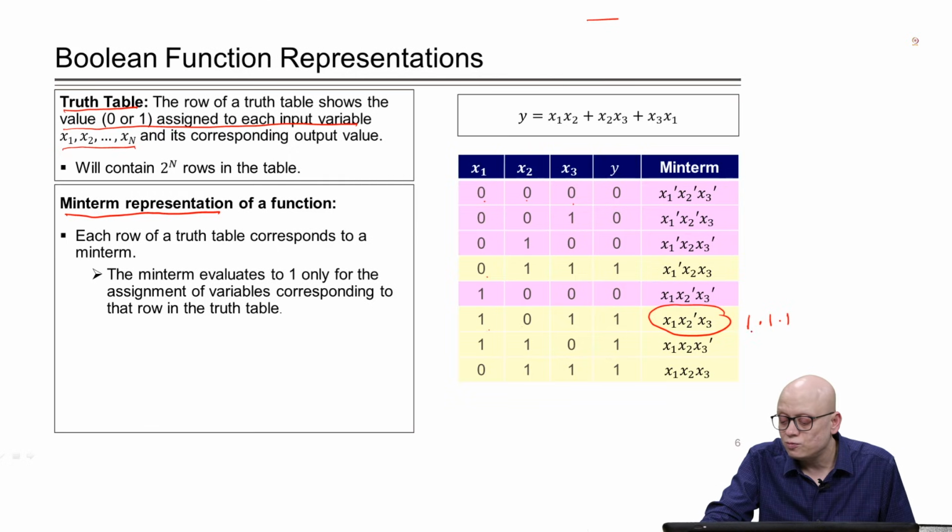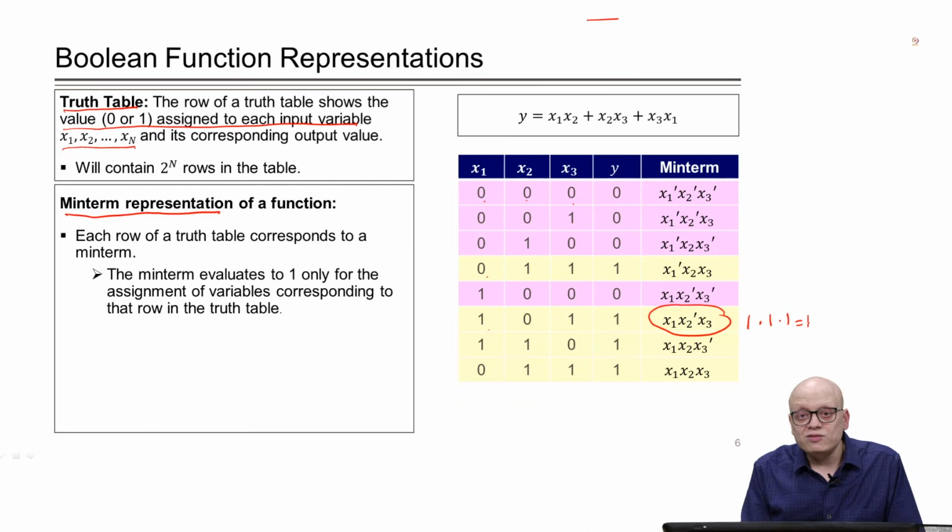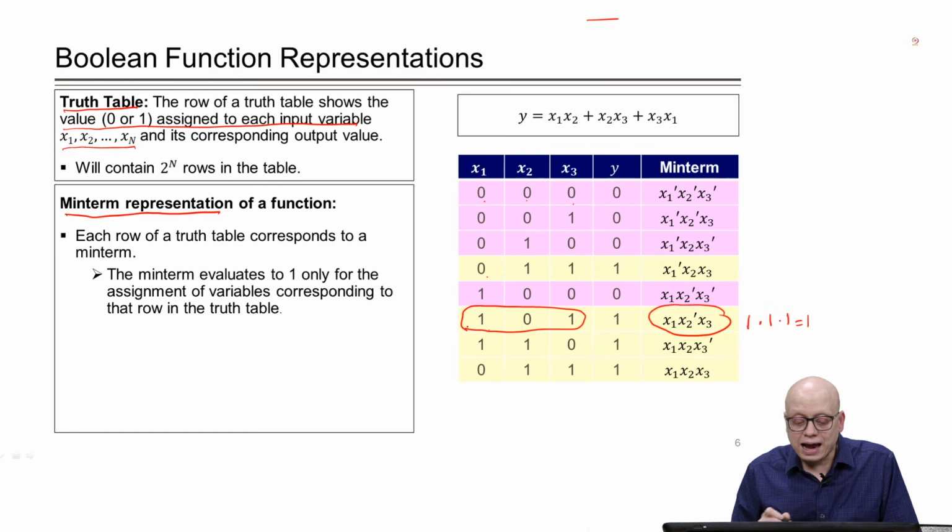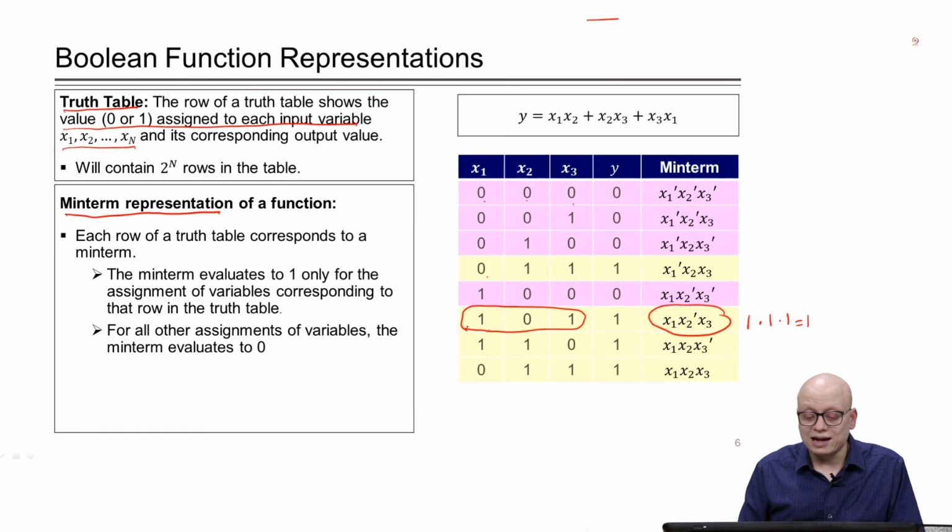So the product 1 dot 1 dot 1 is equal to 1. The minterm will evaluate to 1 if the values of the variables correspond to that row, and for all other assignments of variables, the minterm will evaluate to 0.